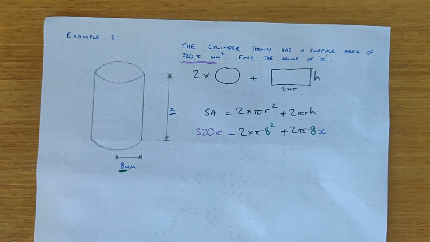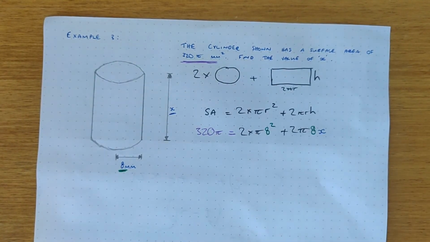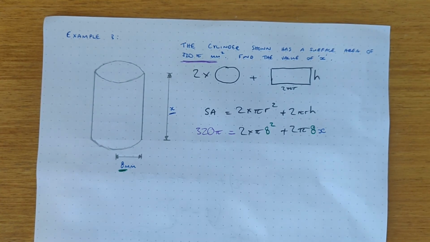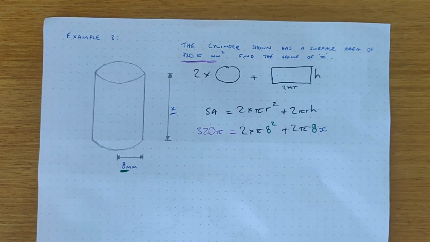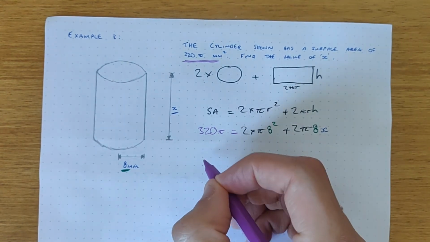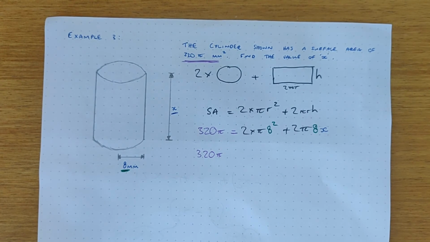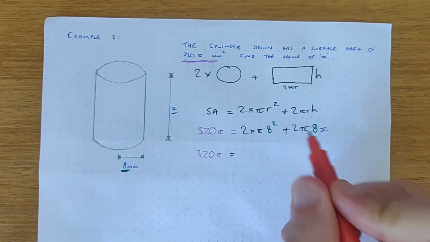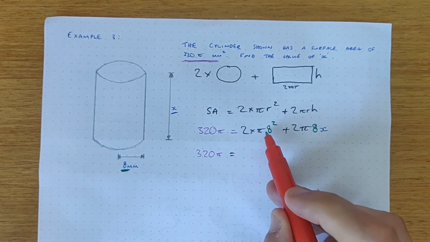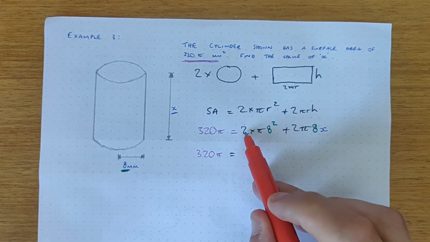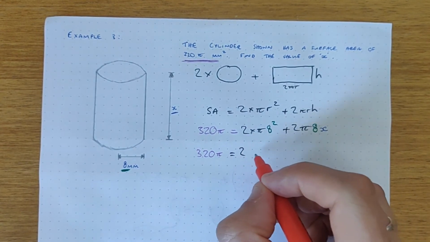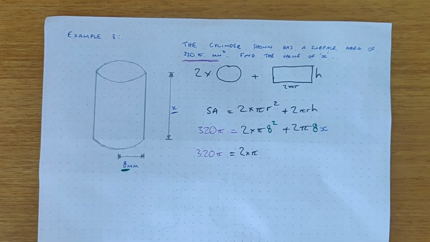Now, this looks very complicated at the moment, but we've got some stuff we can work out now. So that's our next step. I'm not going to do any rearranging, I'm not going to try and solve it straight away. All I'm going to do is just clean this up, because it's too messy for me to work with. So I've still got 320 pi on the left hand side. I know that that will still equal 2 times pi times 8 squared. Now, this leaves us 2 times pi.